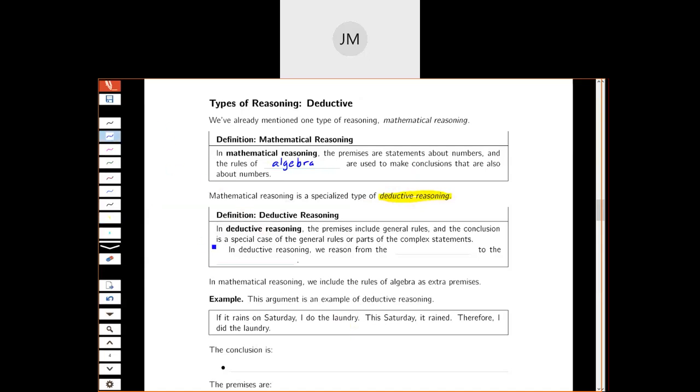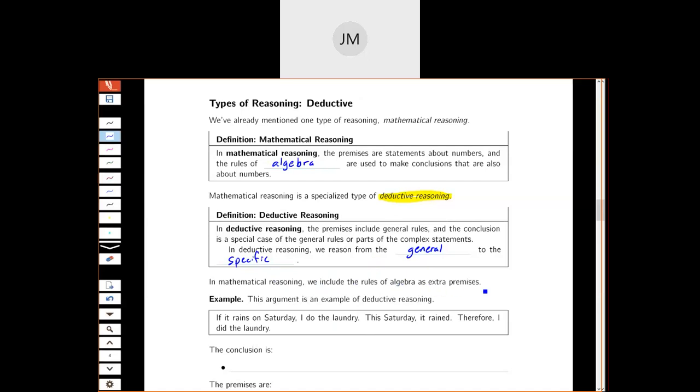Speaking more generally, in deductive reasoning, the premises include general rules and the conclusion is a special case of the general rules, or parts of the complex statements. So in deductive reasoning, we reason from the general to the specific. In mathematical reasoning, we take the rules of algebra as assumed premises.